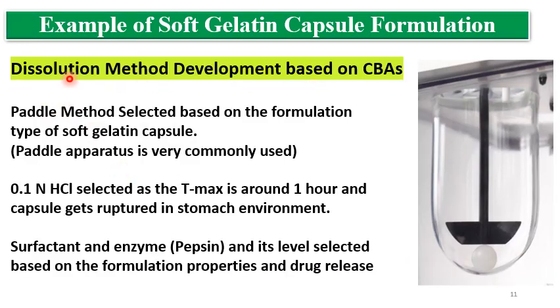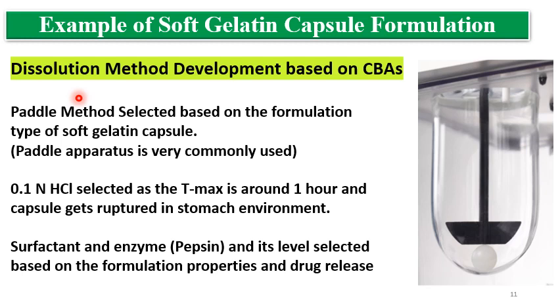Then coming to the dissolution method development based on the CBAs. So we have identified the CBAs of the formulation and the API. Now based on these critical bioavailability attributes, a specific discriminatory dissolution method is required to be developed. So the paddle method was selected based on the formulation type, soft gelatin capsule.